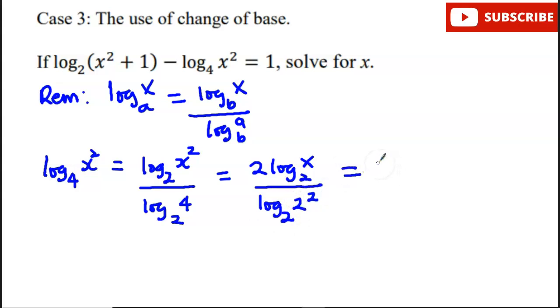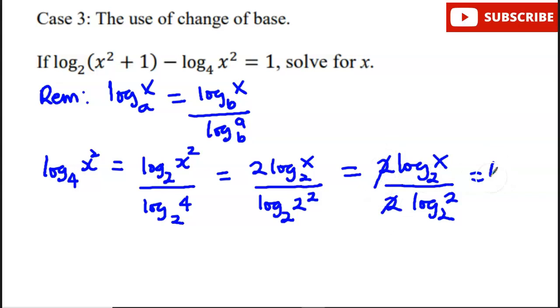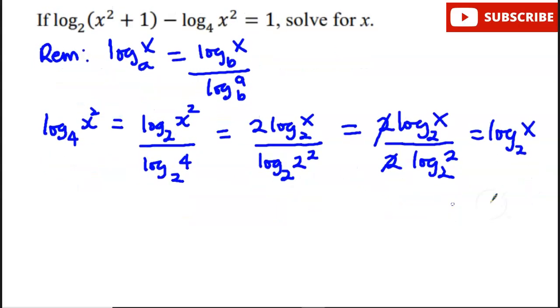So we can write it as 2 log x to the base 2 over 2 log 2 to the base 2. Now this will give you 1. These 2 will cancel. So we have log x. So the equation now becomes log to the base 2 of x squared plus 1 minus log x to the base 2 is equal to 1.